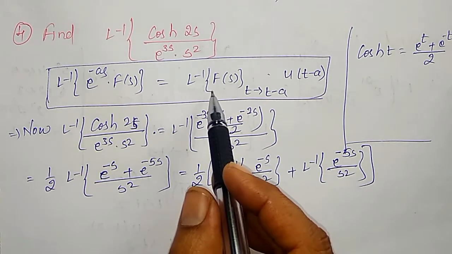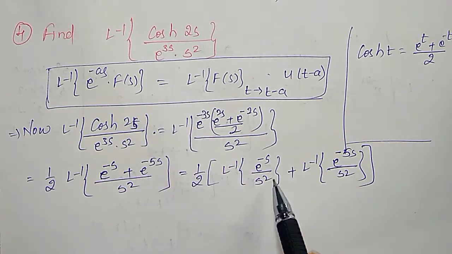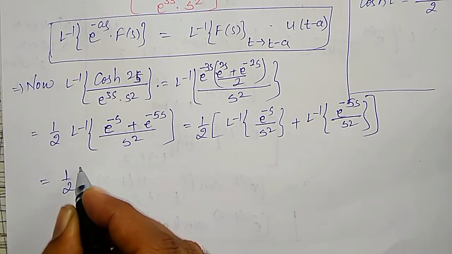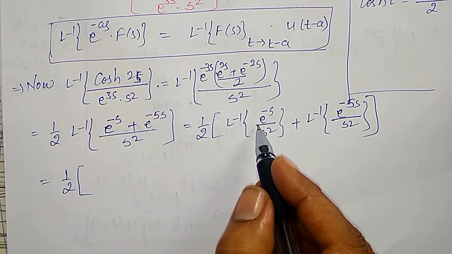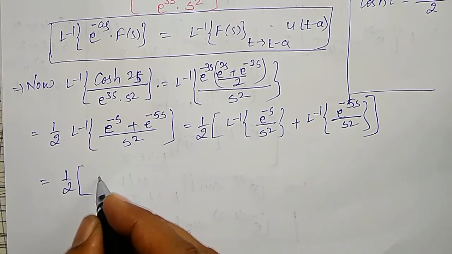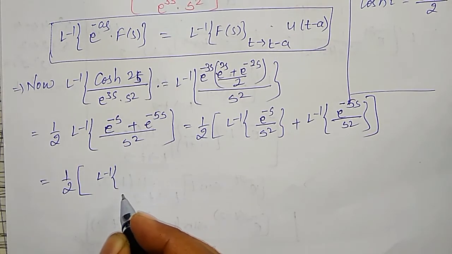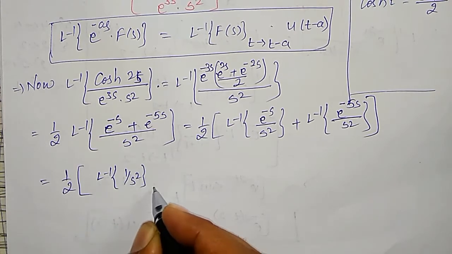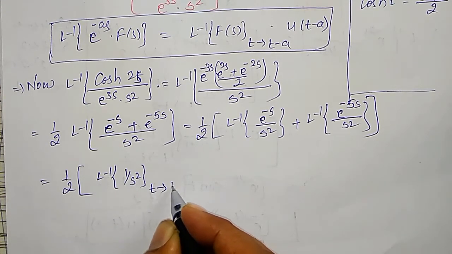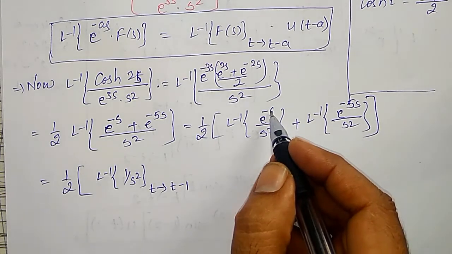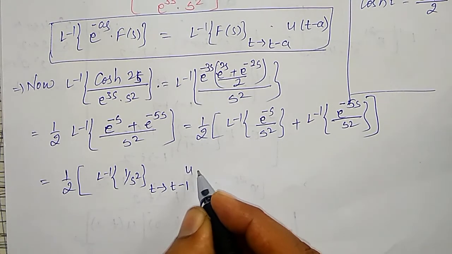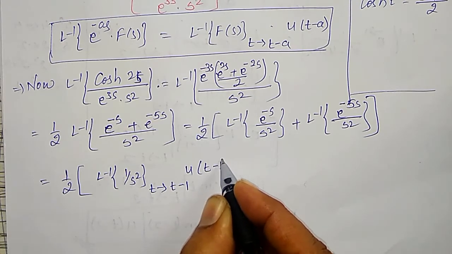Okay, then it is in this form now. Two times I have to apply the same property, which is equal to 1 by 2 times. For the first term, my f of s is 1 by s square. Therefore inverse Laplace transform of 1 by s square, and here t is replaced by t minus 1 because a is equal to 1, the coefficient of s is 1 here, into u of t minus 1.